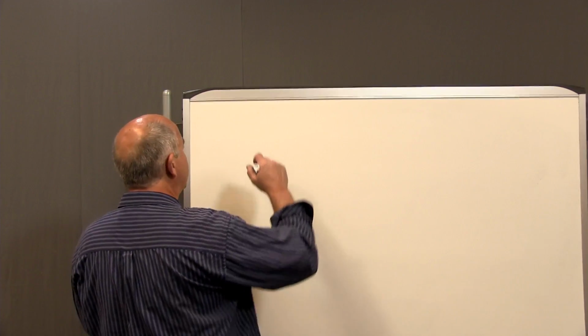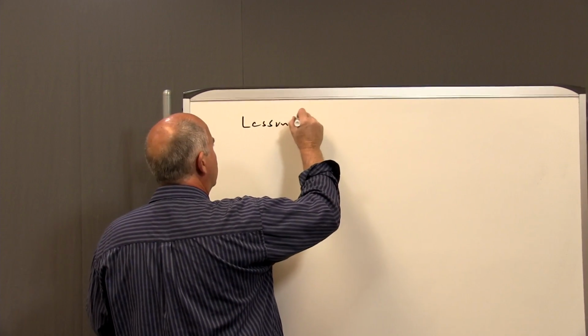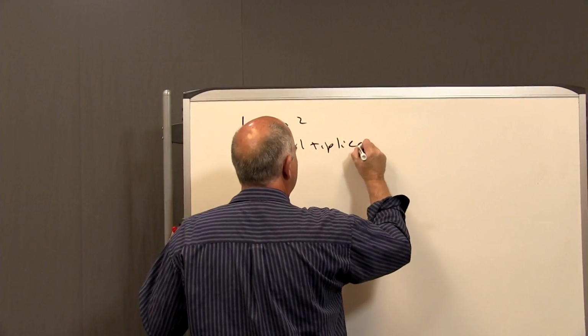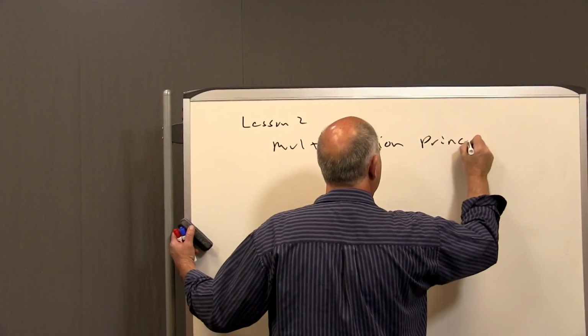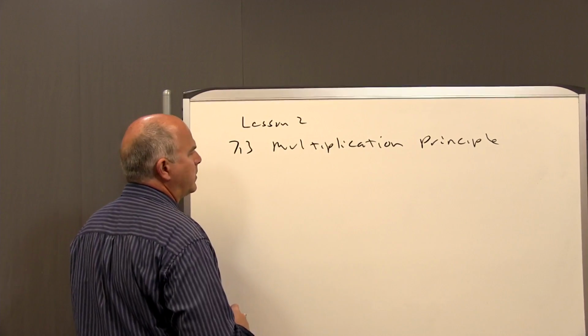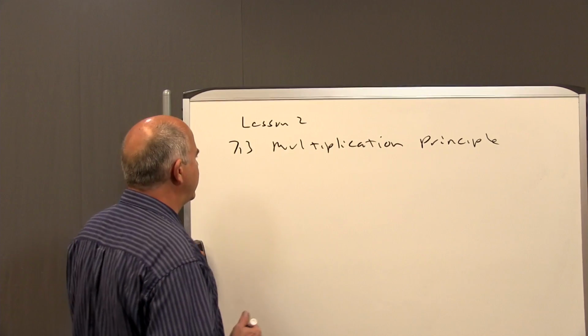We did a couple of different things in lesson 2 also. We had the multiplication principle. Right, so this is 7.3, the multiplication principle, where we worked on counting, right?